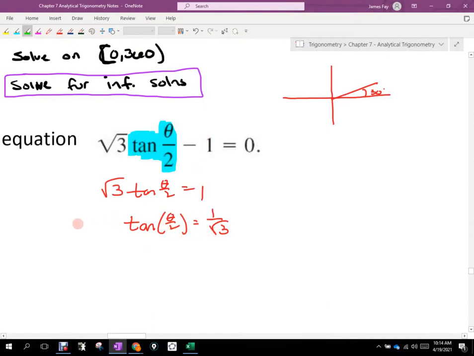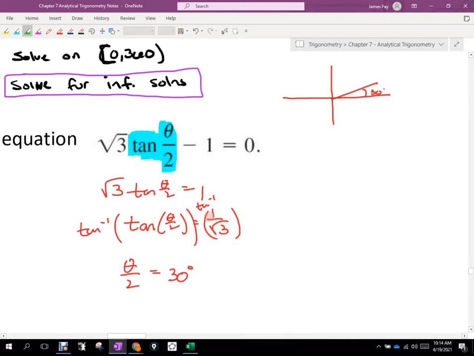Okay, so we're looking at theta over 2 right now. When I take the tangent inverse of the left-hand side and the tangent inverse of the right-hand side, we get theta over 2 to drop out on the left-hand side. And on the right-hand side, tangent inverse of 1 over radical 3, you just said, was 30 degrees. Is that okay? Now, that's a positive 1 over radical 3.